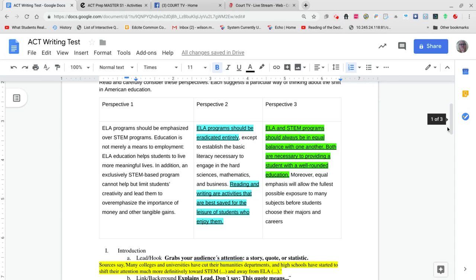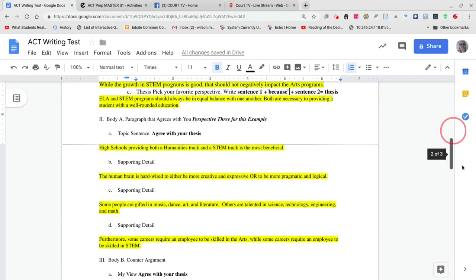Okay, so the way that is going to read is: ELA and STEM programs should always be equal and balanced with one another. And then I'm going to take away that period. I'm going to write in the word because. Both are necessary to providing a student with a well-rounded education. So now we've got a great thesis.